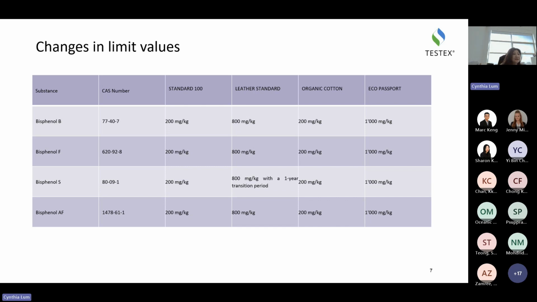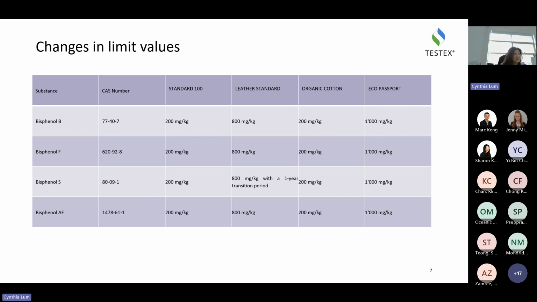So, changes in limit values. These are the changes to the limit values of the bisphenol group. It is just a change in limit values because these were already in the original SVHC, and so the limit values have been updated.